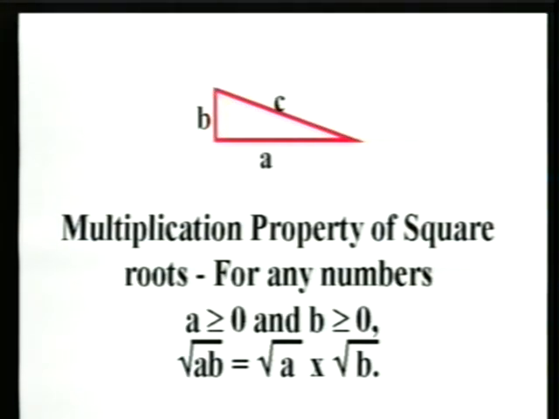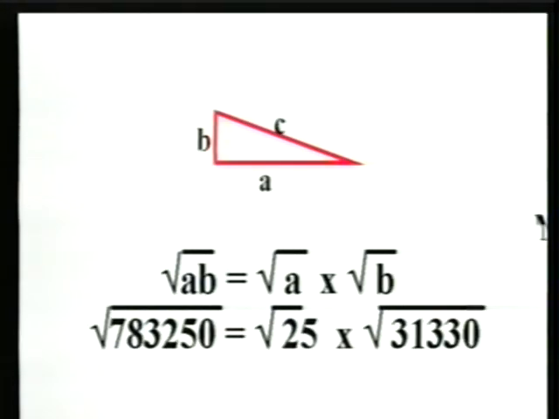Let's apply this, applying the distance that we came up with for our c squared, would give us the square root of 783,250 equaling the square root of 25 times the square root of 31,330.